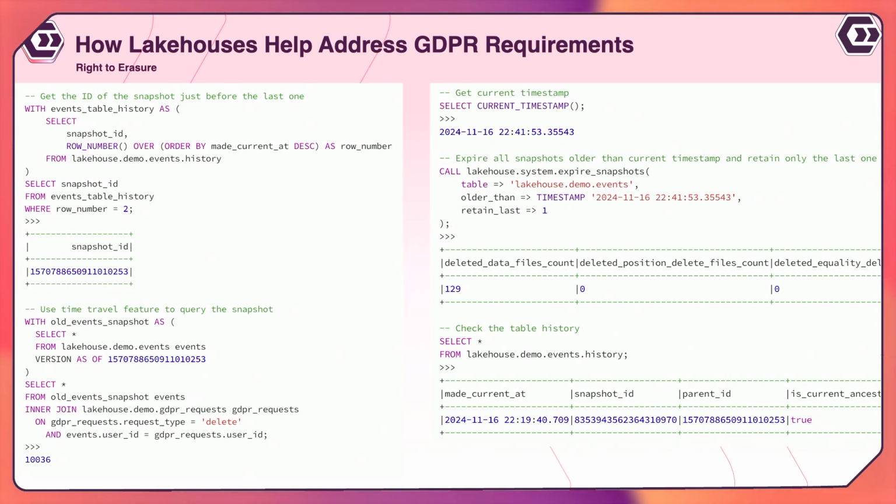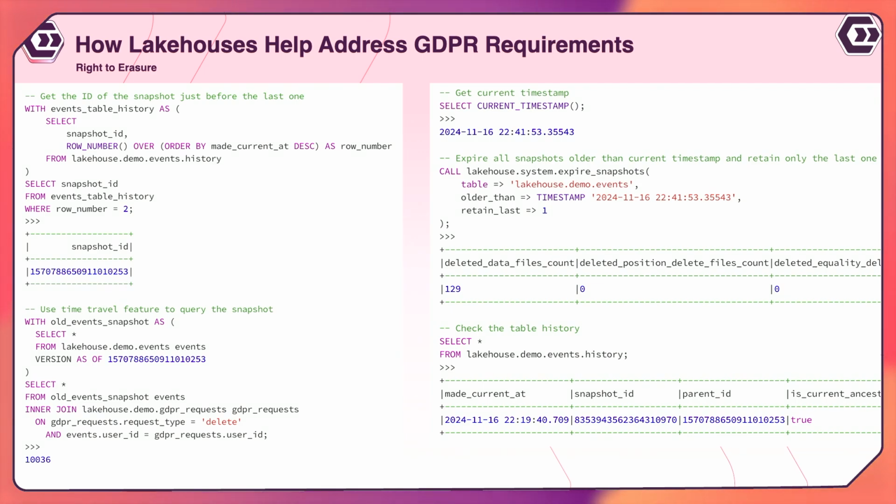In this case, we get the snapshot ID just before the delete. Then we can use the time travel feature, VERSION AS OF, with the ID we just got. In that case, we can do the join, and we find that we have the old value. So the data is still there. According to GDPR, we have 1 month to process deletion requests.